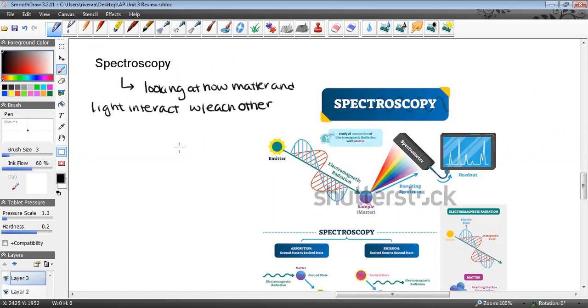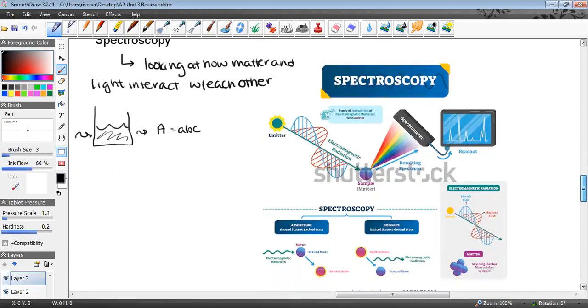So one example is when we use those colorimeters, right, to measure how much light gets absorbed by a colored solution. We just pass a wavelength of light through here, like we were saying, and we can measure absorbance and concentration. That's one way that you can use light to help you better understand the behavior of matter.